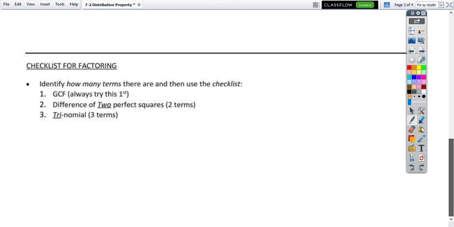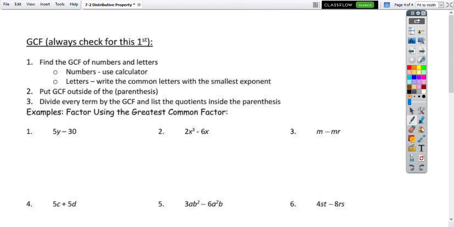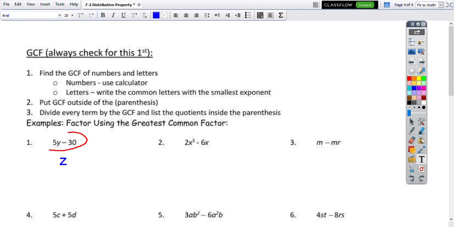So when you factor, we're going to be looking for 3 things. And the first thing we're always looking for is this greatest common factor. So what we mean by factoring is, I want to take this term, 5y minus 30, and break it into the 2 things that multiply together to give me that term.